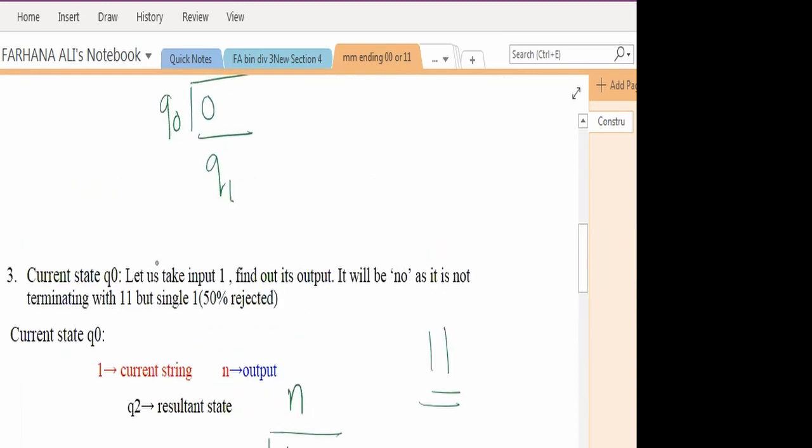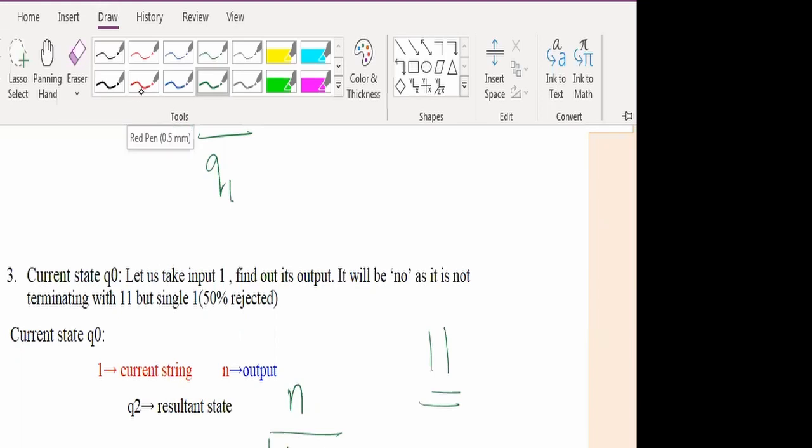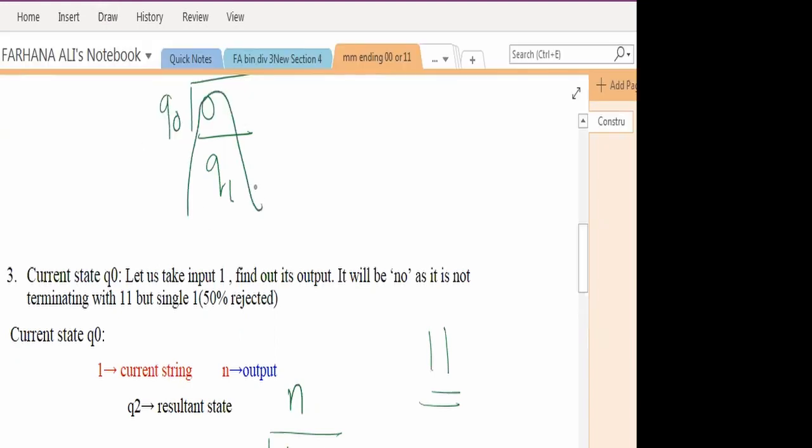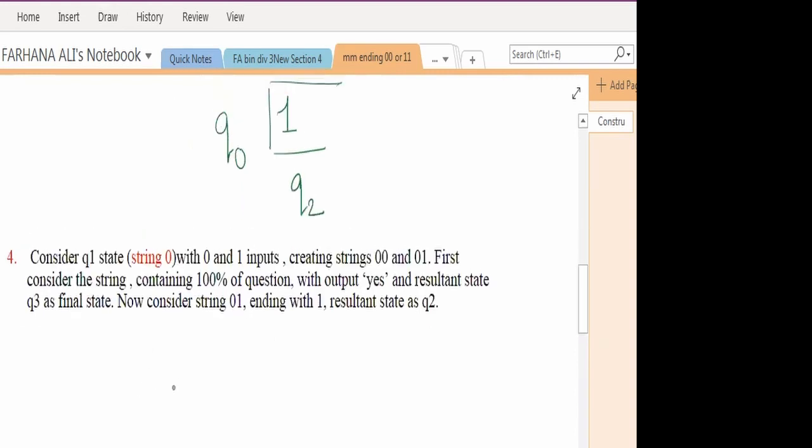Now let us consider the newly generated states, Q1 and Q2. Q1 is represented by the string 0. We have to consider it twice because we have two inputs, 0 and 1.